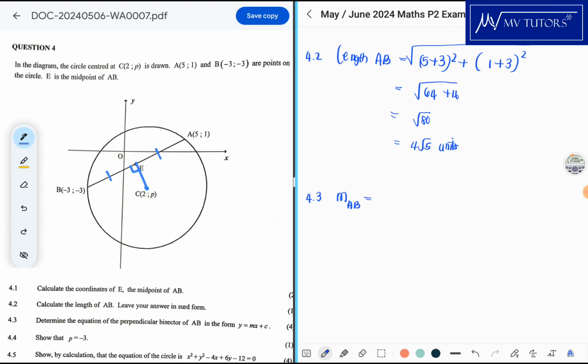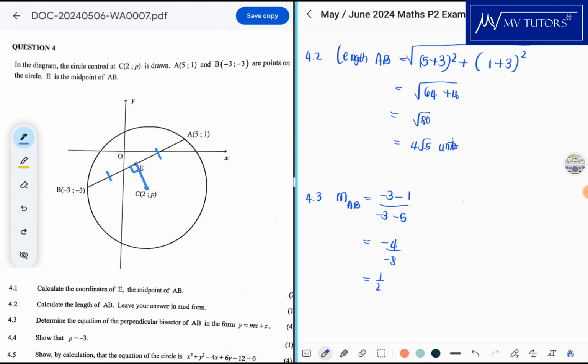Okay, so we know the y-coordinate of B is -3, and that of A is 1. X-coordinate of B is -3 again, and that of A is -5. So we have -3 -1, that's -4, -3 -5, -8, so we basically have a half. And that makes sense, it's a positive gradient.